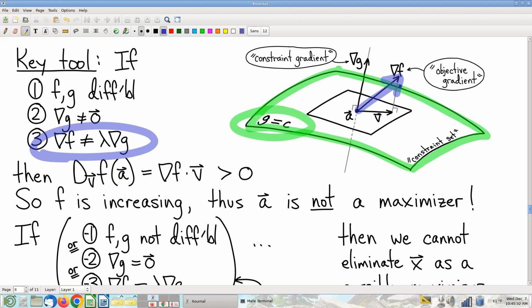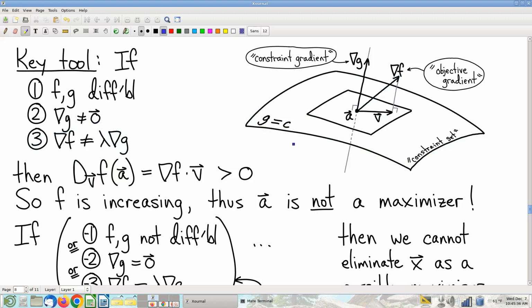All right. So this is a picture then of what we're talking about. Here's my constraint set. I've got my constraint gradient. Don't forget, from chapter 2, we know that gradients are always perpendicular to their level sets.